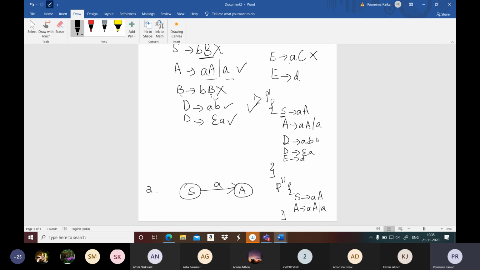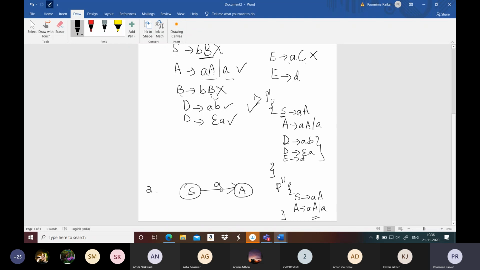All the other rules will become useless, because from S I have only AA, which reaches A but not D or E. So only S and A are my useful rules. This is how we eliminate useless productions.